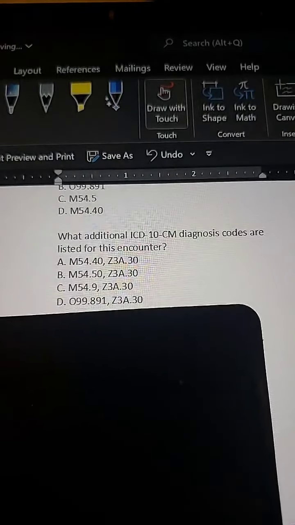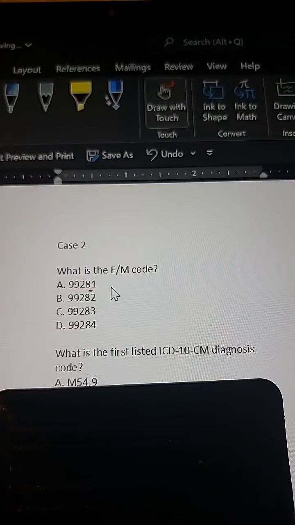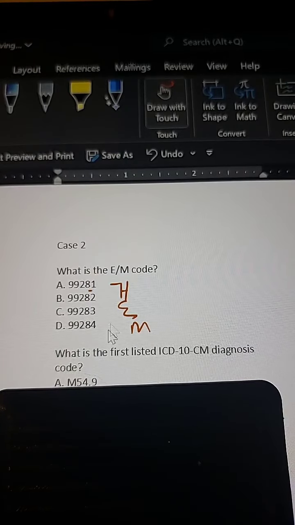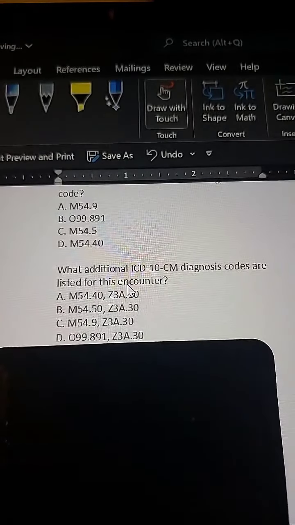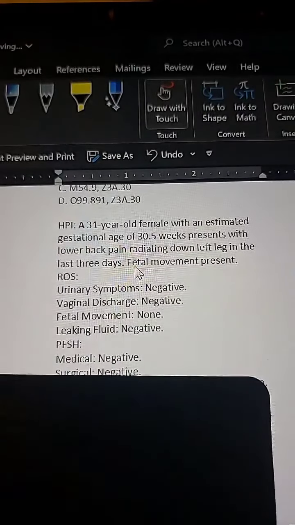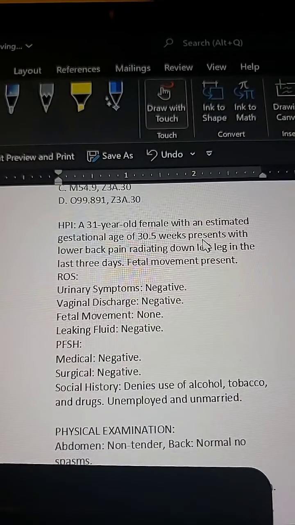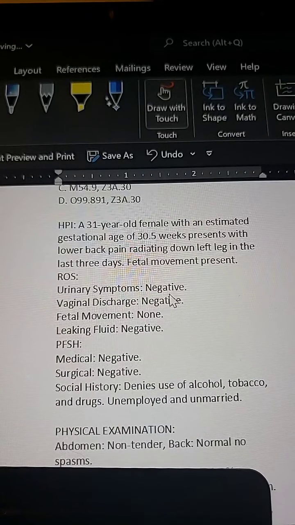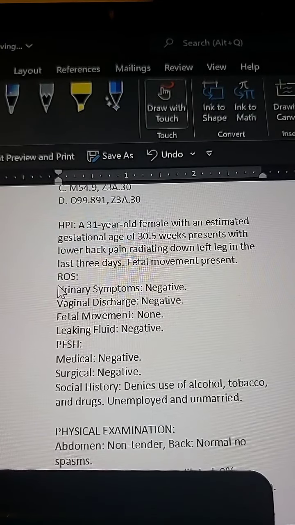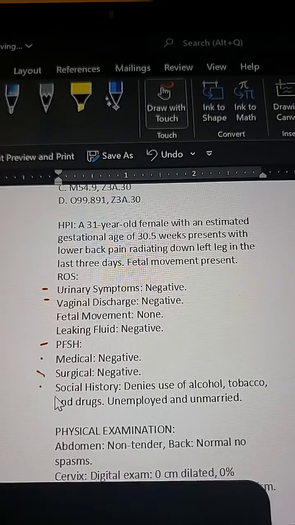Okay, so what do I need here? I need a history, I need an exam, and I need an MDM to pick here first. So that's all I'm going to look for first. In our case, how many systems got reviewed? 1, 2. Our PFH has got 1, 2, 3.